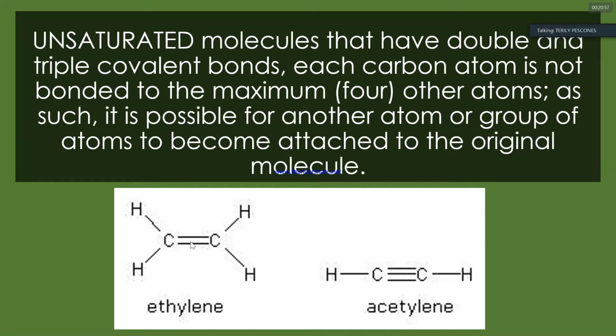Okay, so si double bond at saka si triple bond, ito yung considered natin as unsaturated because they can still, what? They are still capable of forming bond with other atoms or with other groups. Okay, so open pa siya for additional bonding. So ang tawag ay unsaturated.